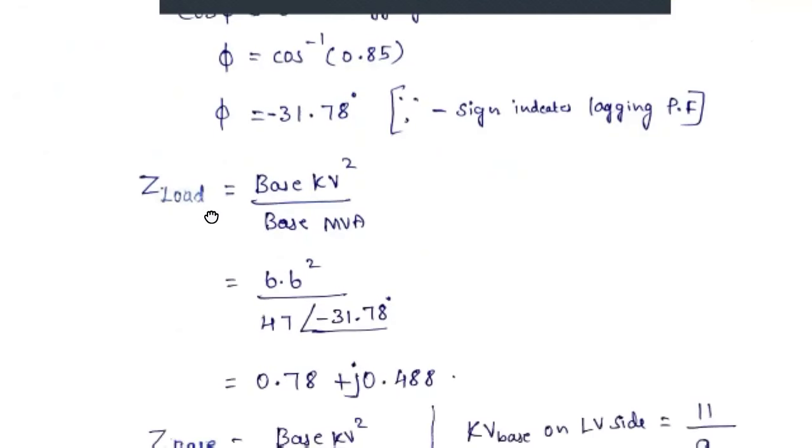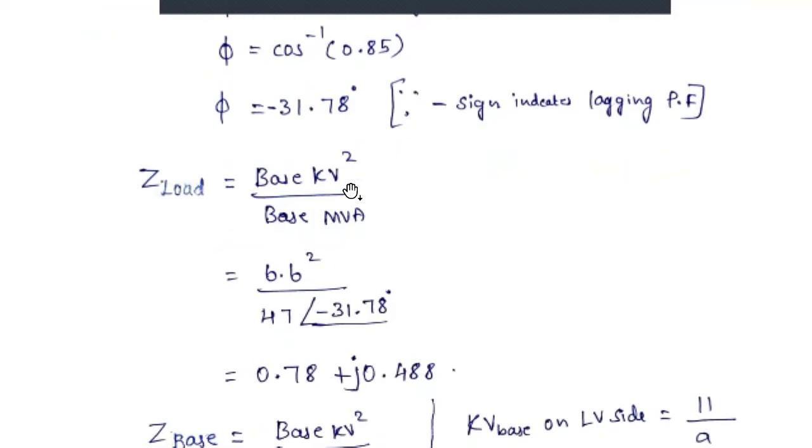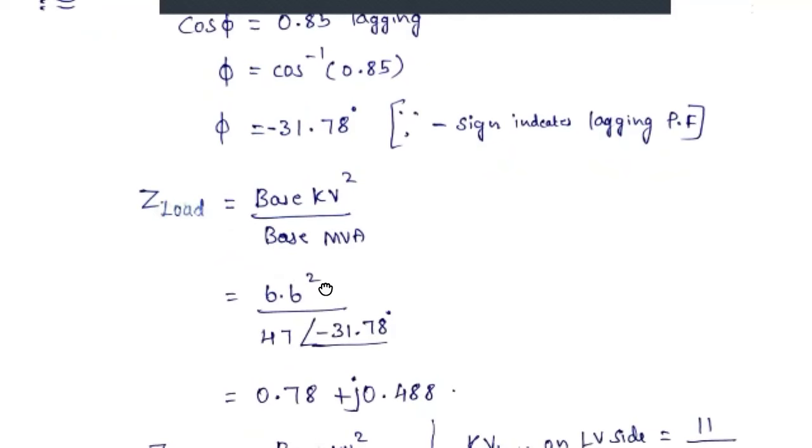Now, Z load is equal to base kV square divided by base MVA. What is base kV? 6.6, that is given in the problem.